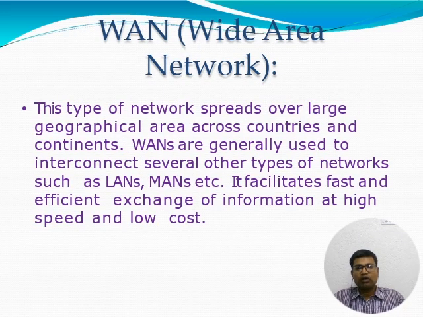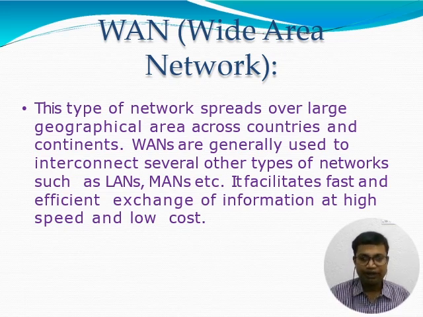Now we are moving to wide area network. A wide area network can connect cities, countries, or a continent. This type of network spreads over a large geographical area across continents.